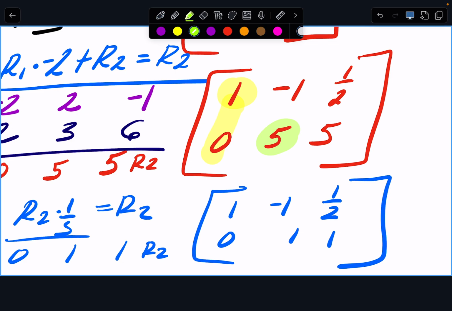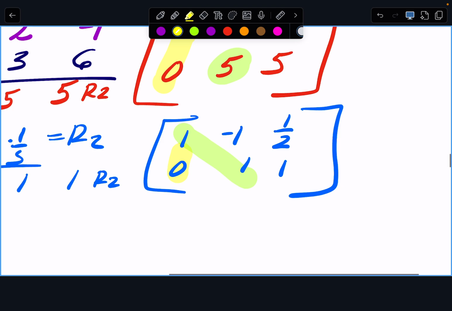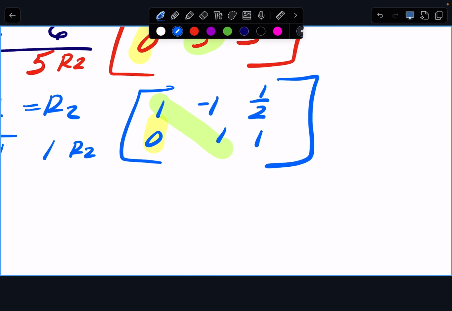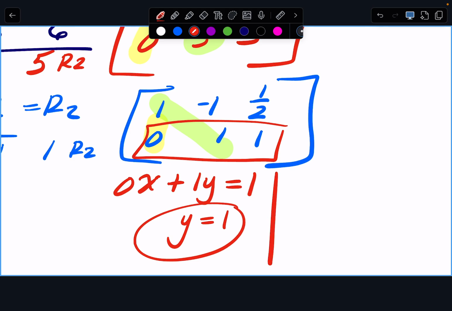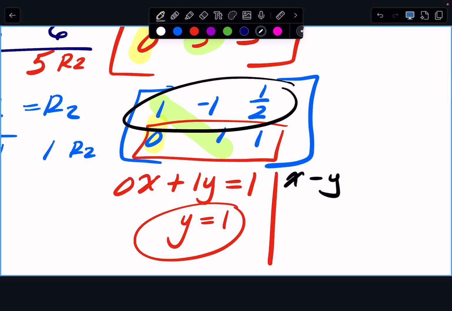Once you have 1s along the diagonal and 0s below, you've done row echelon form. So now we can solve by setting up statements. What is the bottom statement? 0x plus 1y equals 1. So what is that? y equals 1. The next statement would be x minus y equals 1/2. x minus 1 equals 1/2.